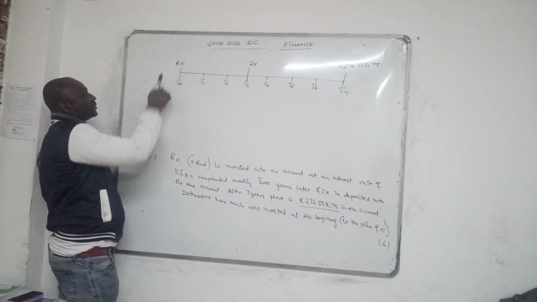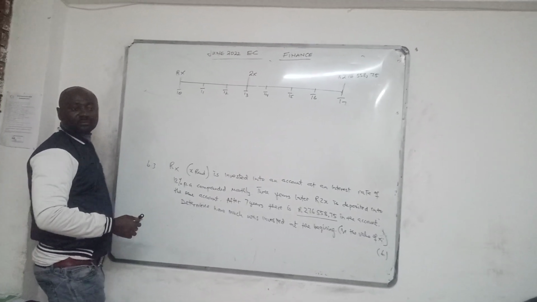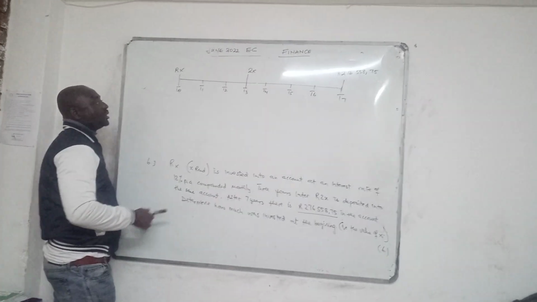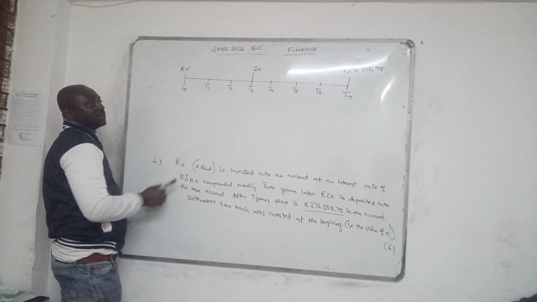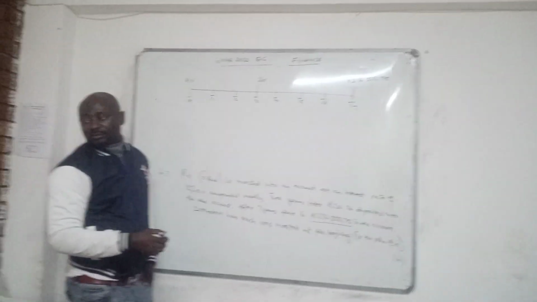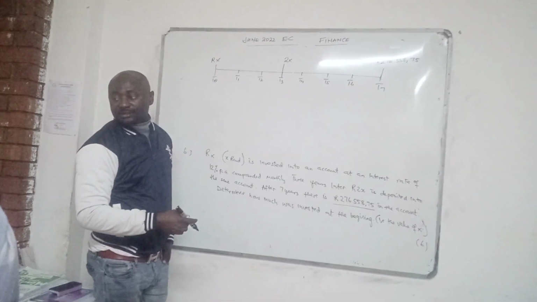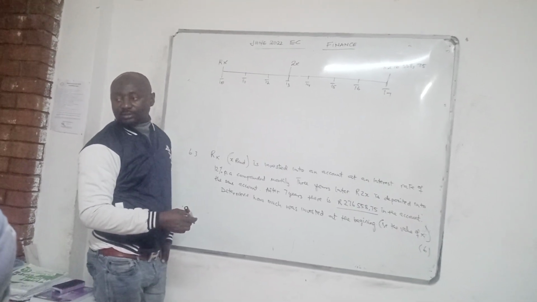Now let's see how this investment was done. This X rand lasted for how many years in the account? How many years did it stay in the account? It stayed the whole 7 years because there was no withdrawal of the investment.